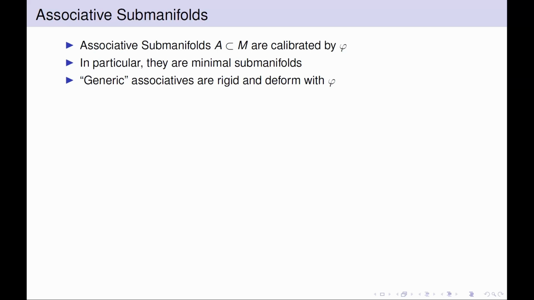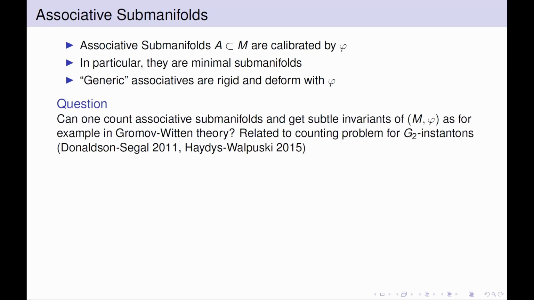Okay, so we have these minimal submanifolds, and there is this spurious term of generic, which means that some strange differential operator is invertible. I believe you don't want to see any of those, and I couldn't tell you what these conditions mean in practice anyway. So the question that we had was, can one count associative submanifolds and get subtle invariants for G2 manifolds (M, phi) in a similar way as, for example, in Gromov-Witten or Donaldson-Thomas theory?